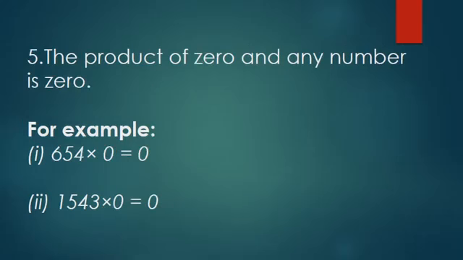Fifth one is the product of 0 and any number is 0. For example, 654 multiplied by 0 is equal to 0, and second one, 1543 multiplied by 0 is equal to 0.